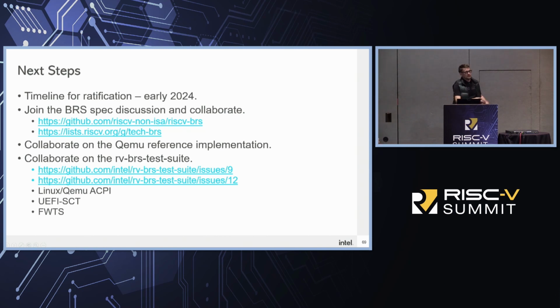Maybe I should mention that the BRS, along with the server SoC spec, along with a, let's call it TBD, security platform spec, are the building blocks for the server platform spec, which we're looking at for spring '24 availability.